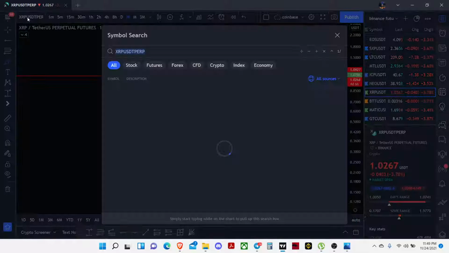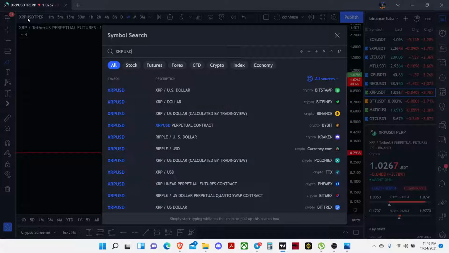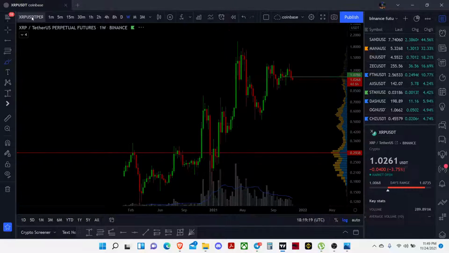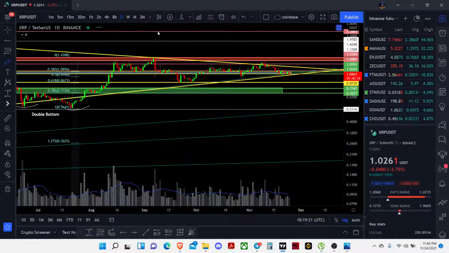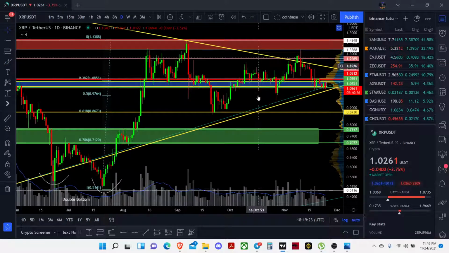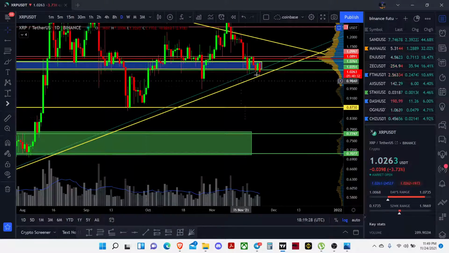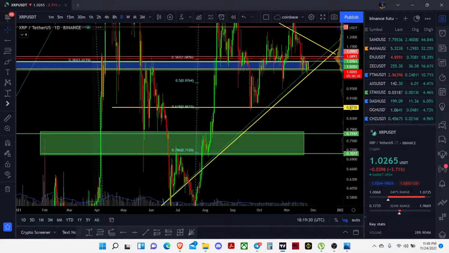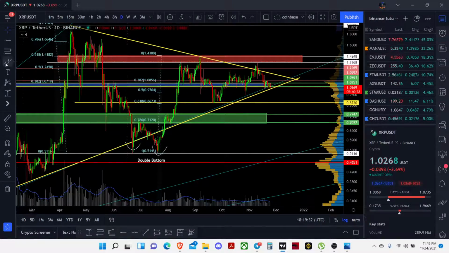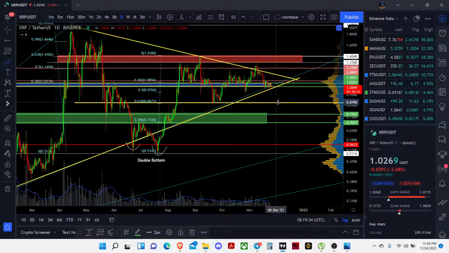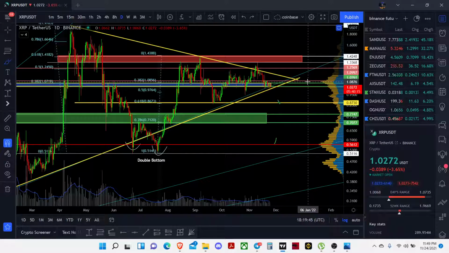For Ripple, I have charts. It's at support, testing the trend line and the Gann fan. If it breaks this area, then this is the major level, and if it breaks this green box, if it's not holding the POC and not holding the Gann fan, then that is it.